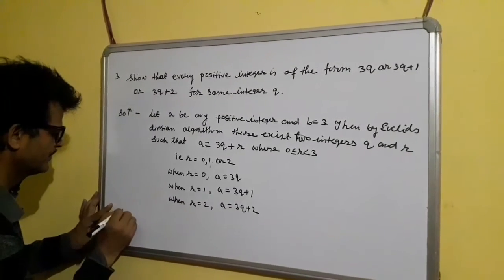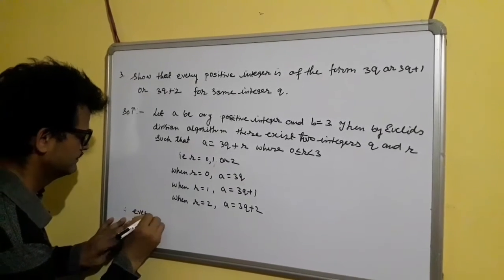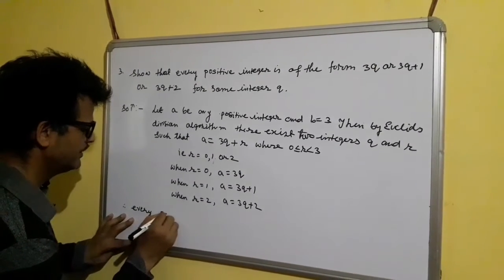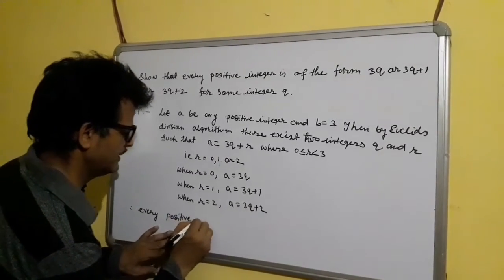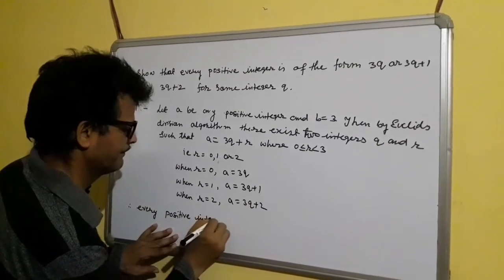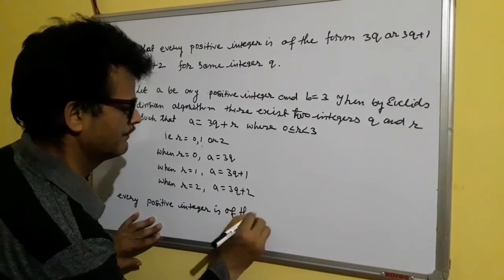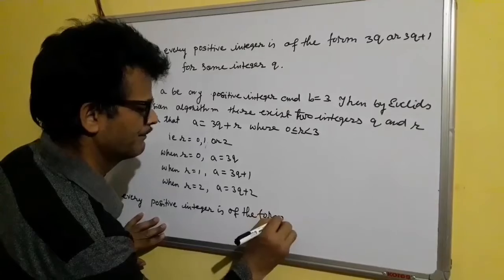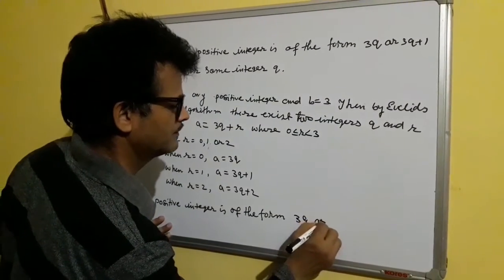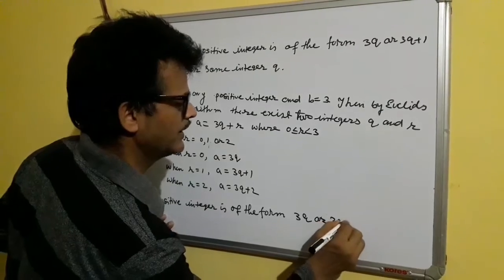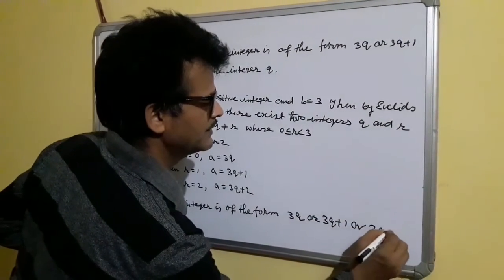Therefore, every positive integer is of the form 3q or 3q plus 1 or 3q plus 2.